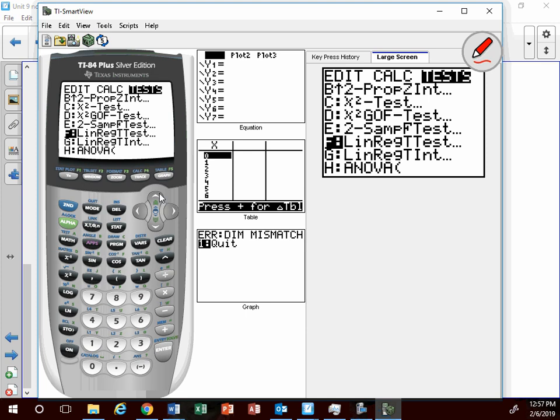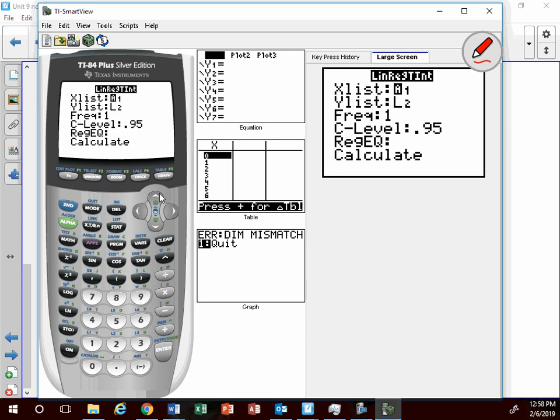We're doing the confidence interval, so I'm going to pick LinRegTInt.